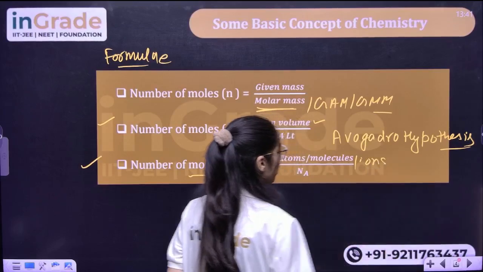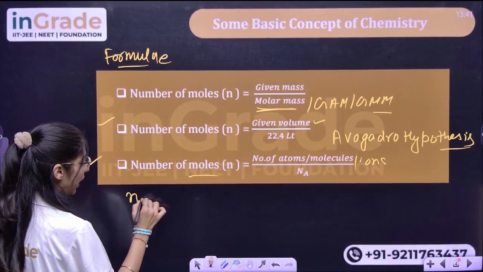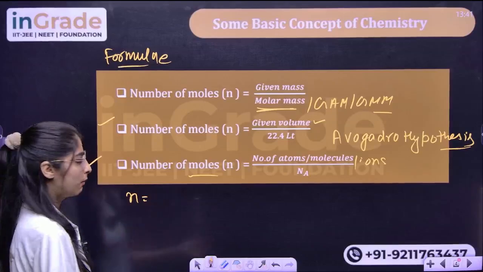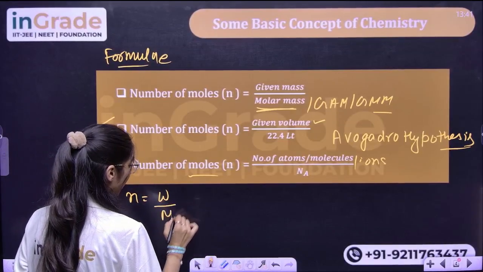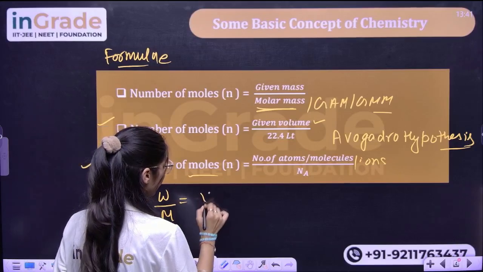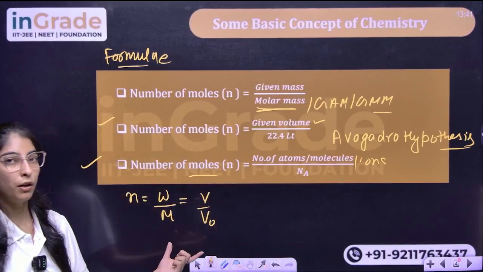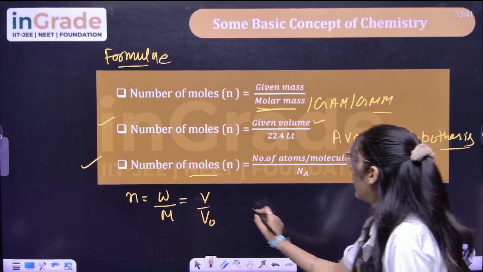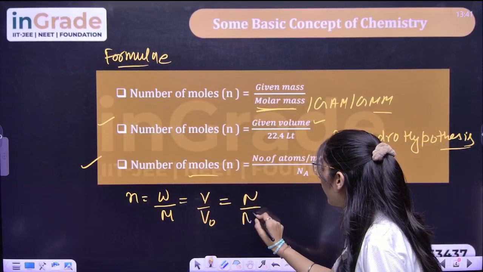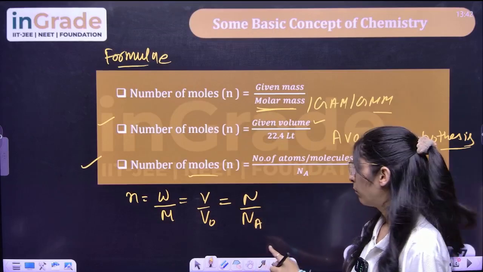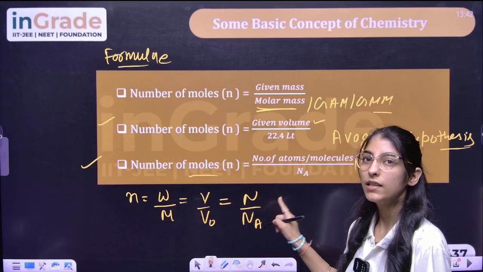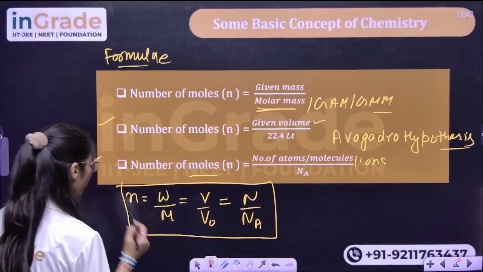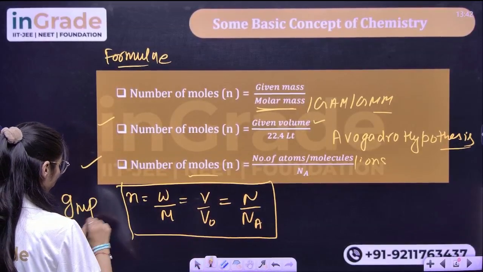So simply we can say that n is equal to given mass, if I represent given mass by W, then W by M, that is equal to V upon V naught, where V naught represents your volume at STP, that is equal to 22.4 liter, and equal to N by Na. Here Na is your Avogadro number and N represents your atoms, ions, molecules. So we just have to remember this formula. This is going to be important for us.